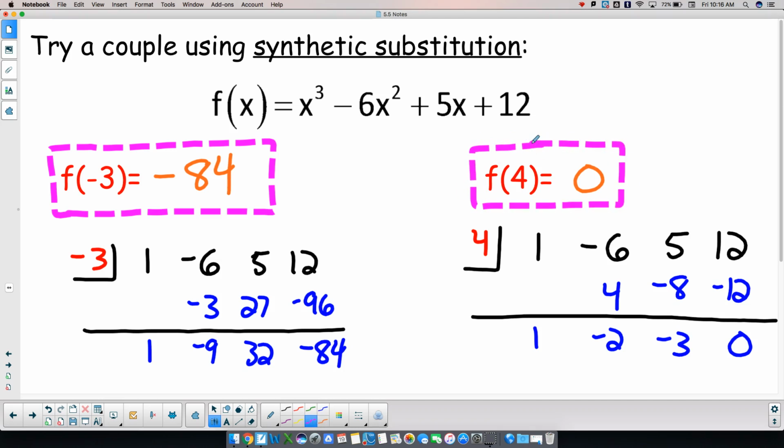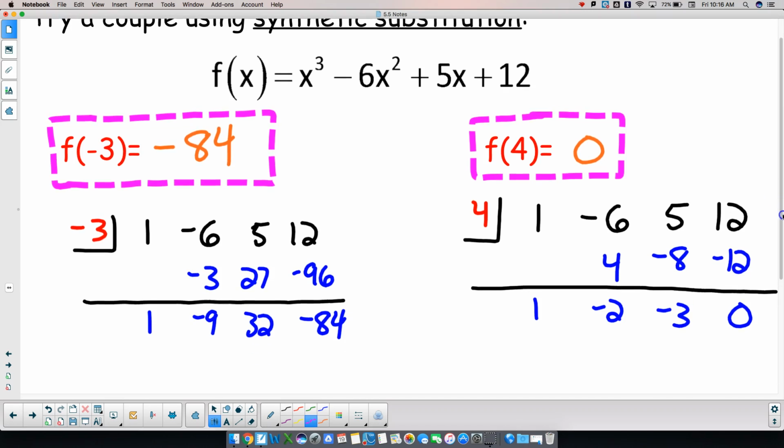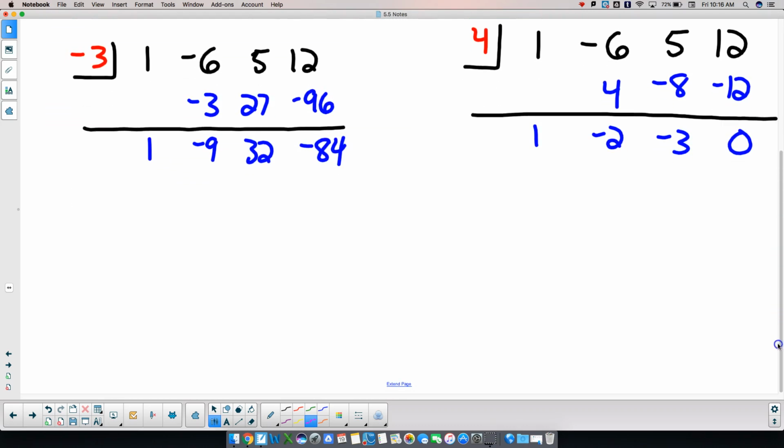Since I know the fact that f of 4 is 0, what else can you tell me about 4, or something else in regards with 4 and this function?